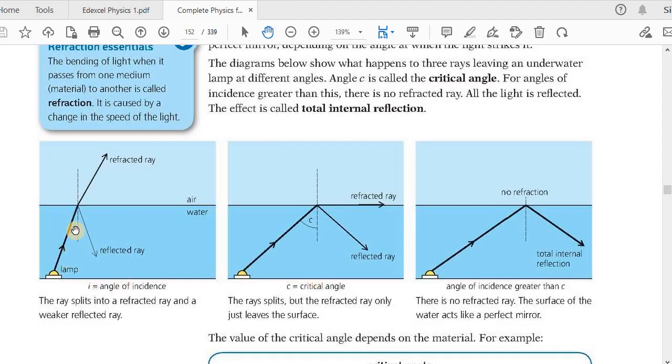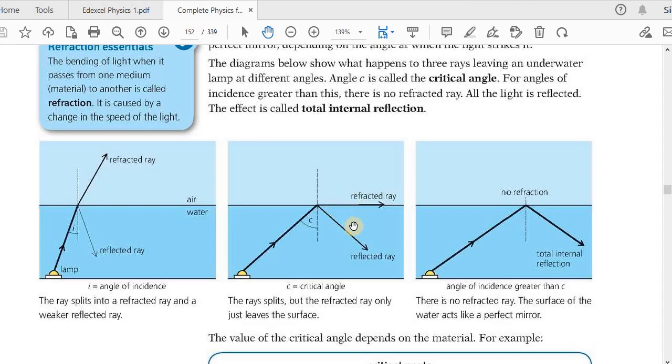Now when the angle of incidence is equal to the critical angle, what will happen? The refracted ray won't go into the other medium. Instead it will go along the boundary or the interface or the surface of air and the surface of water in this case. And remember, we have always the denser medium in which we have the incident ray, and the point of incidence, that is where it strikes the surface, is where we have the refraction happening.